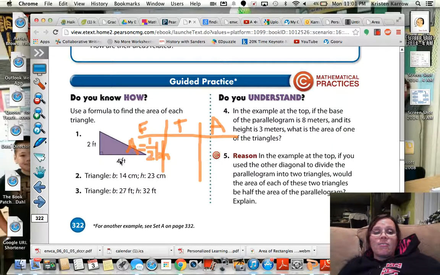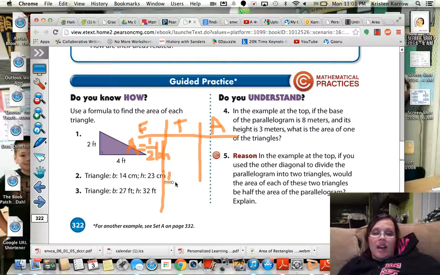Okay, and I can substitute or plug in. Base here is 4 feet. So over here I would write 1/2 times 4 times 2. So if this is my middle column and if I had room, I would substitute 1/2.